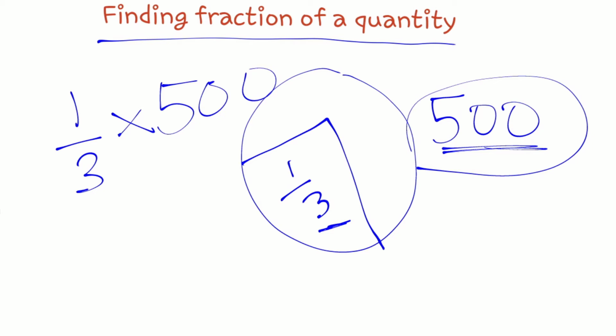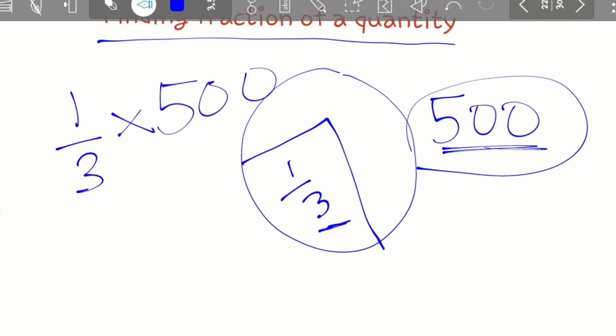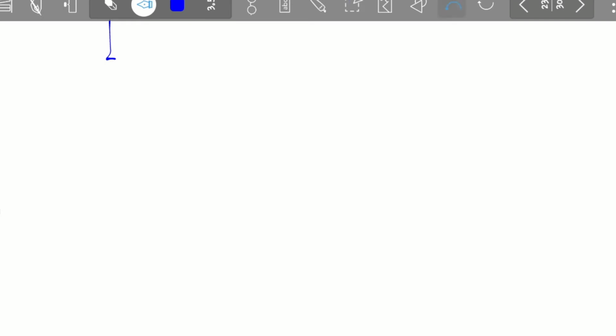Okay, let's try some examples. We are finding the fraction 1 over 3 of 30 Ghana cedis.